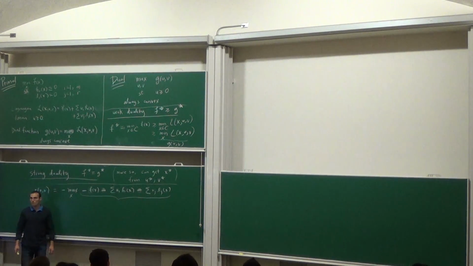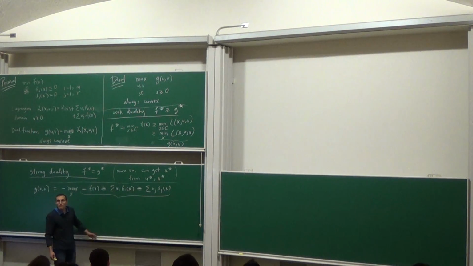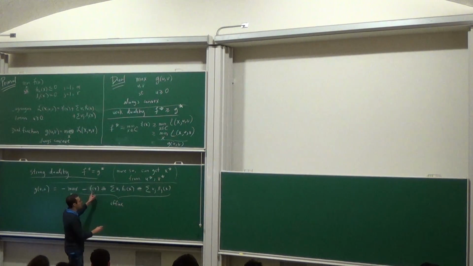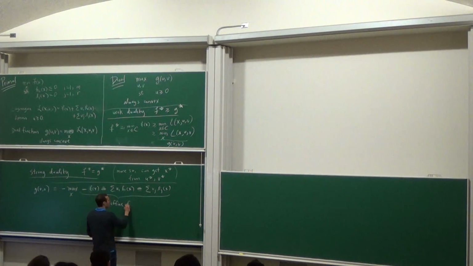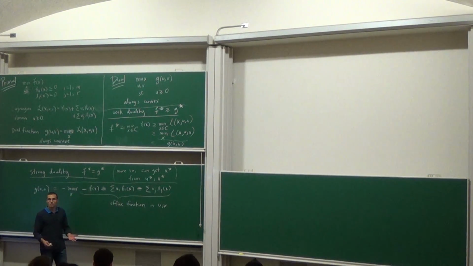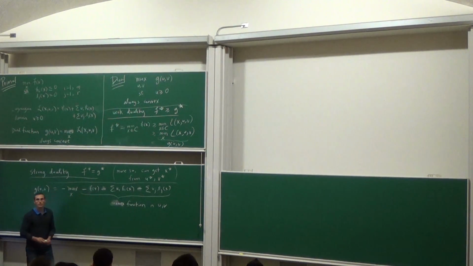Now I'm going to look at the inside. As a function of u and v, what kind of function is that? It's just a linear function, or I would say an affine function, but it's the same thing, depending on the terminology you favor, in u and v. But affine functions are convex, so this is definitely a convex function in u and v.